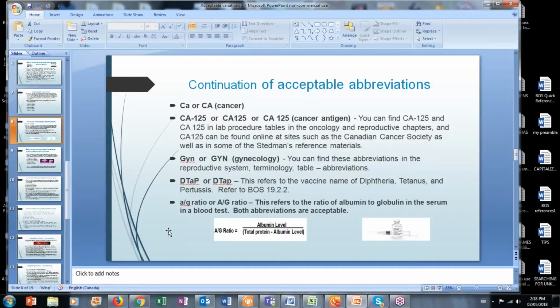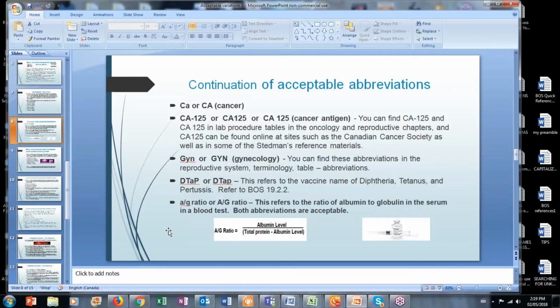And another acceptable variation is the uppercase G, lowercase yn, or all uppercase GYN for gynecology. And you can find these abbreviations in the reproductive system terminology table, abbreviations, okay?